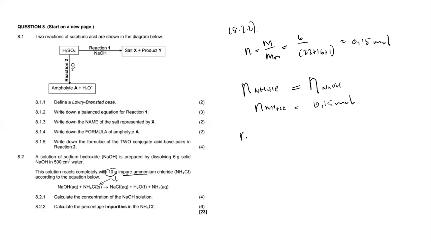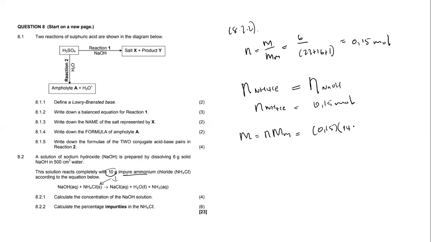So we're going to say mass is equal to number of moles multiplied by molar mass. So the number of moles of NH4Cl is 0.15. And then for the molar mass, remember it's nitrogen. Nitrogen is 14, right? Yes, nitrogen is 14.